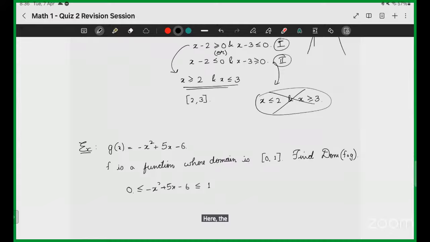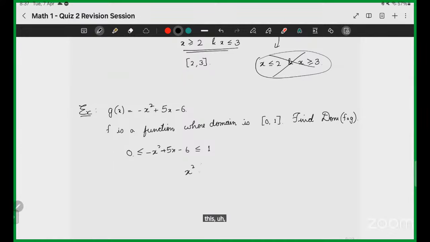Why are you getting complex roots? Because x square plus 5x minus x square minus 5x plus 7 is greater than or equal to 0. Can you scroll the right inequality?